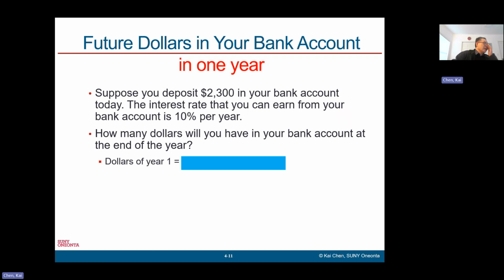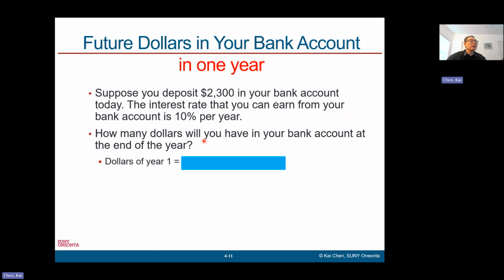Now suppose you deposit $2,300 in your bank account. The interest rate that you can earn from your bank account is 10% per year. Then how many dollars will you have in your bank account at the end of the year?